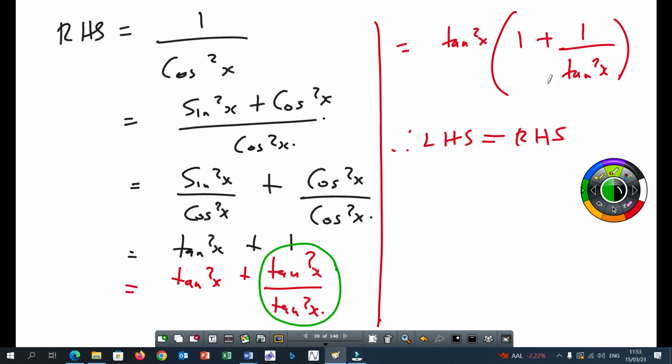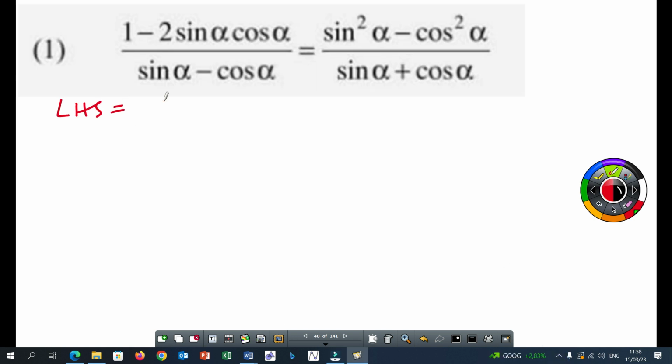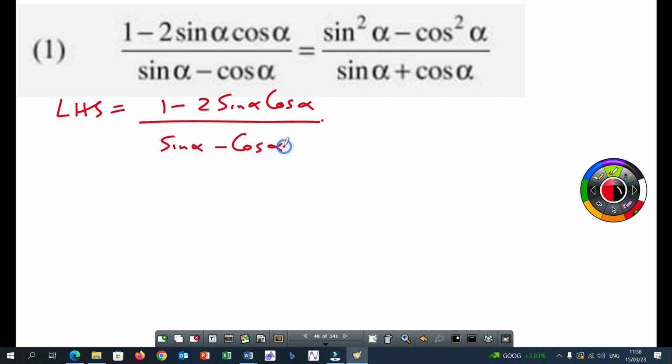So as a class exercise: 1 minus 2 sine alpha cos alpha, right? This is all over sine alpha minus cos alpha.